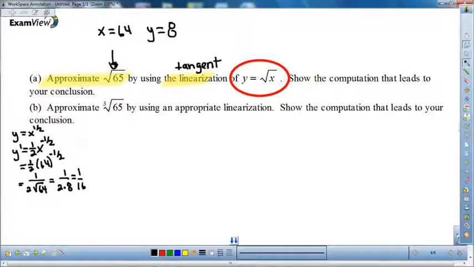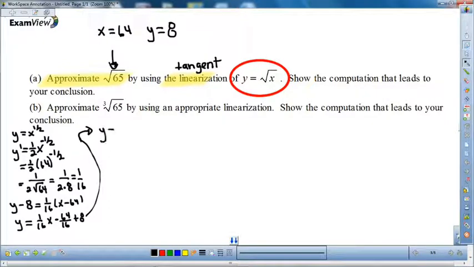Now I'm going to write this in point slope form, and I'm going to solve for y. If I do that, I end up getting y equals 1 over 16x plus 4.